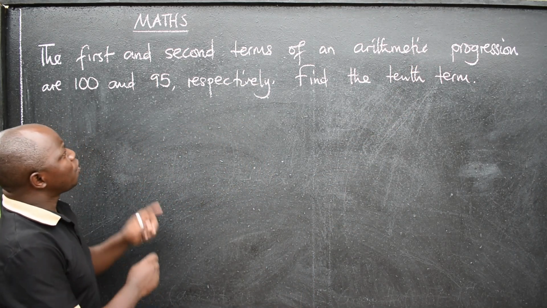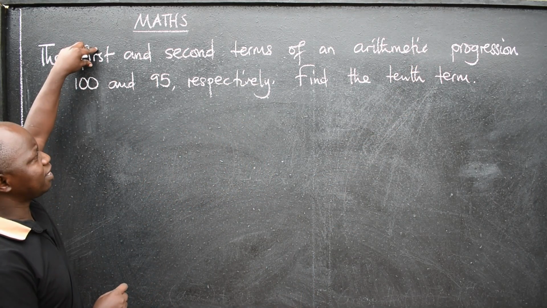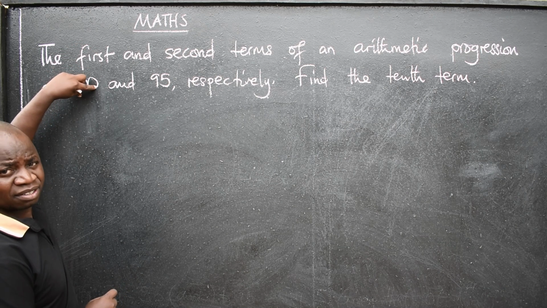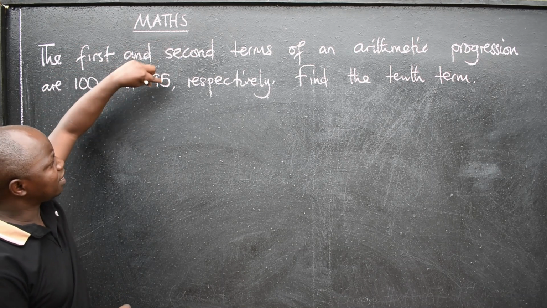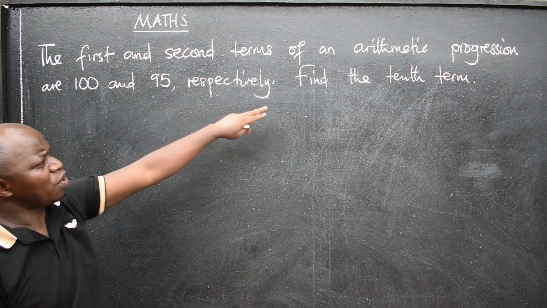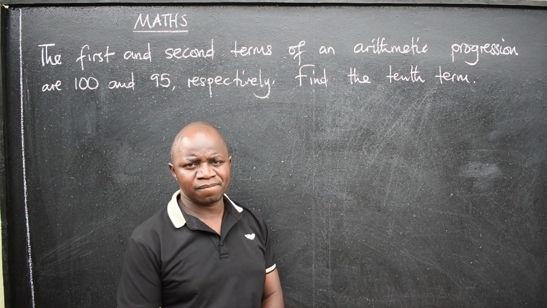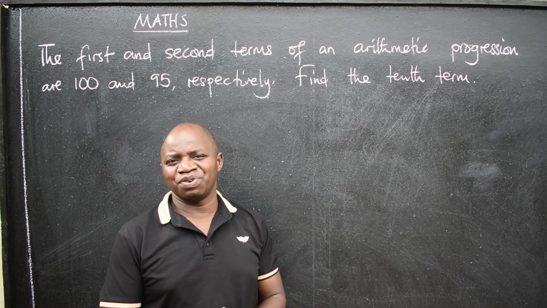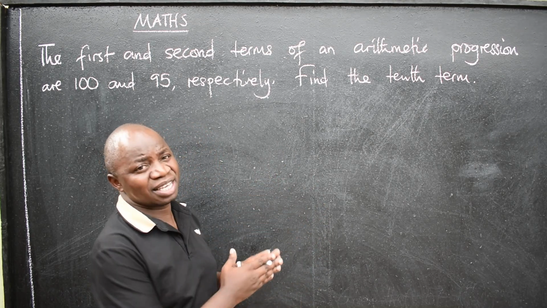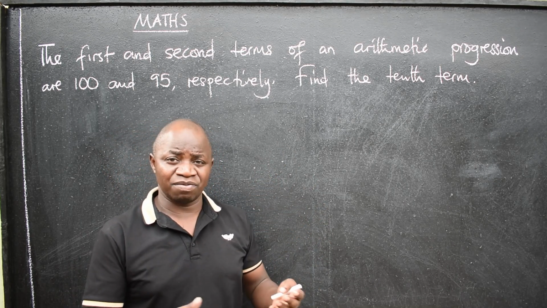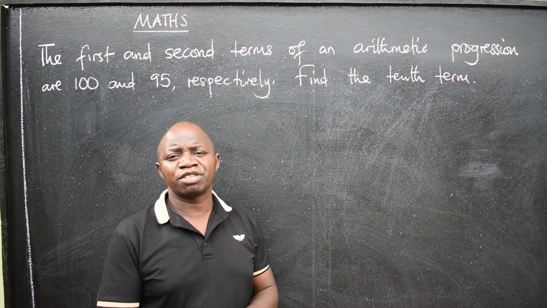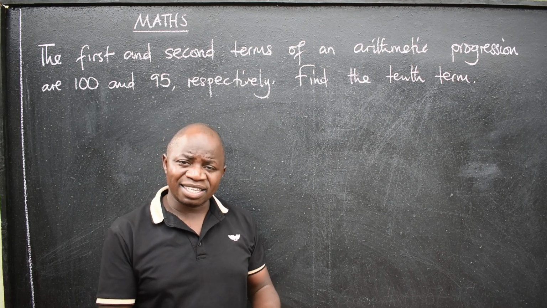Now, we have been told that the first term is 100. The second term is 95. What do you think will be the 10th term? Now, there are certain things that you need to know when dealing with sequences. The formula must be well known. The nth term.